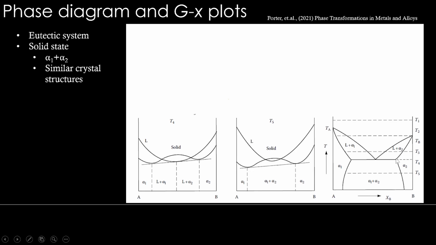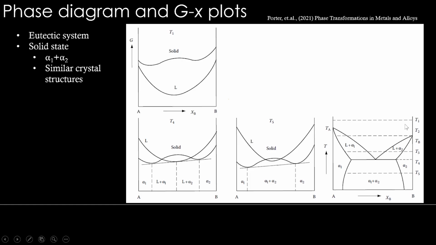Okay, so we need to have three curves, or a common tangent touching in three points, in the G versus X diagram. So you can see, this is the solid curve and this is the liquid curve, and in one common tangent, all three phases touch. And you have this three-phase equilibria coming in because of that. Now if you go to really high temperature T1, we have liquid being stable throughout, therefore solid will be above that.